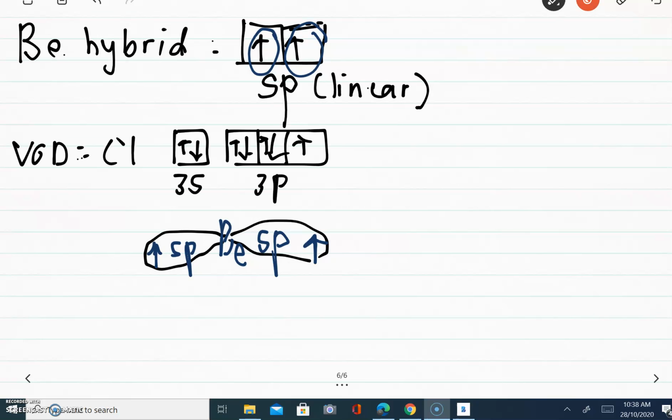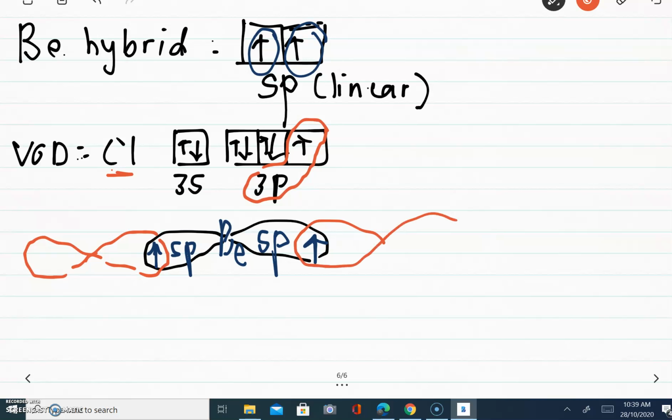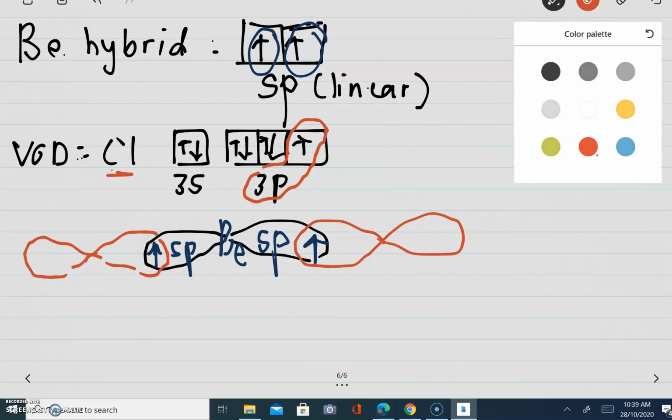Next step, from the valence orbital diagram of a terminal atom, we can find 1 unpaired electron exists in a 3p orbital, and this orbital will overlap with the sp orbital of beryllium. So it is involved for the 2 atoms for beryllium, and we label it.